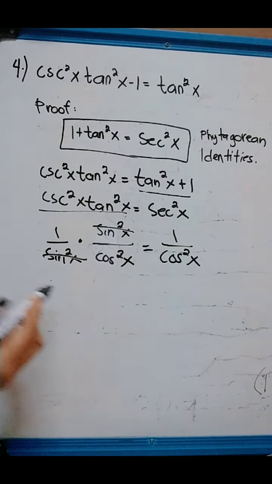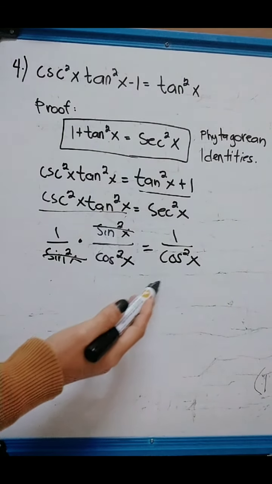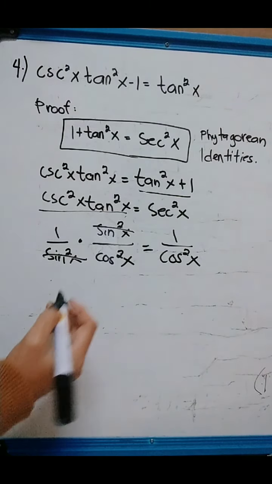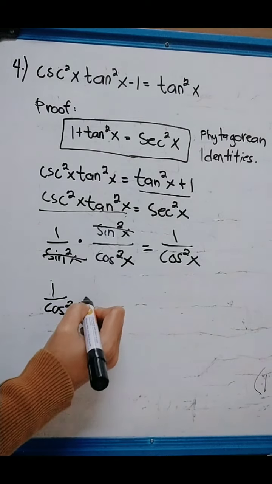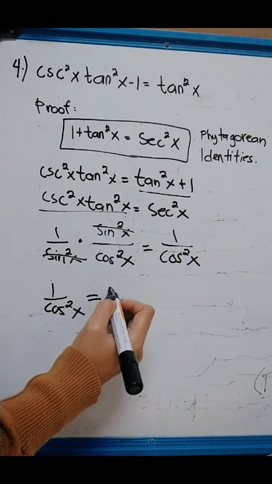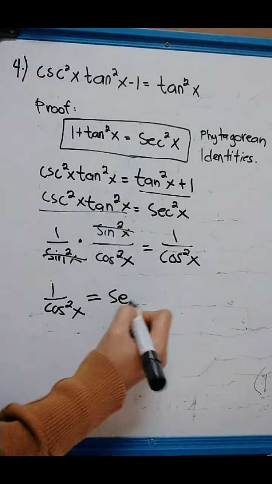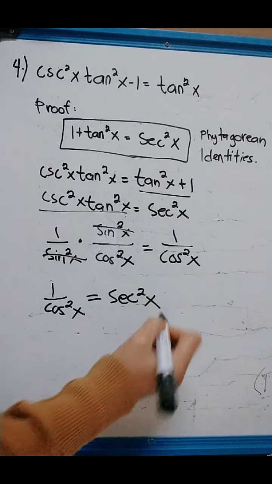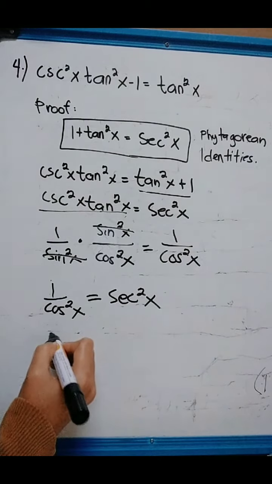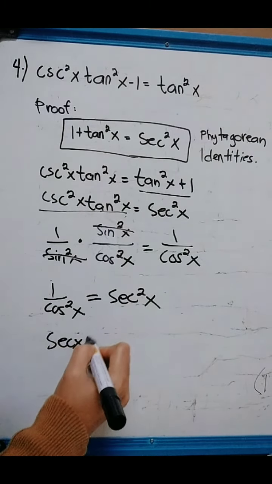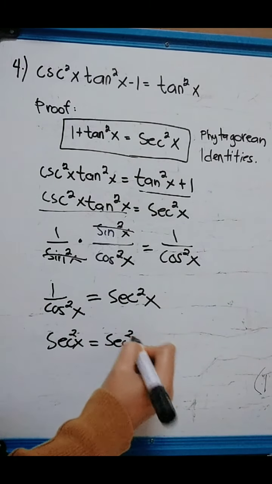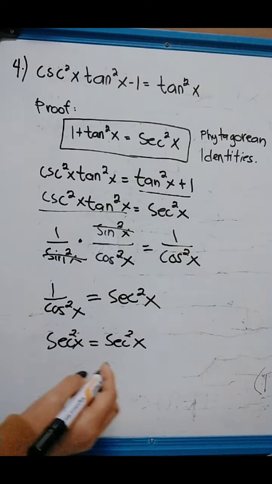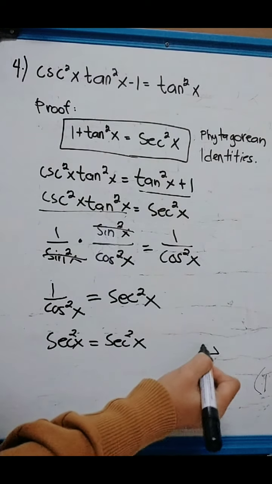And as we know, 1 over cosine squared x is the same as secant squared x. So that means secant squared x equals secant squared x. So that's the end of proof.